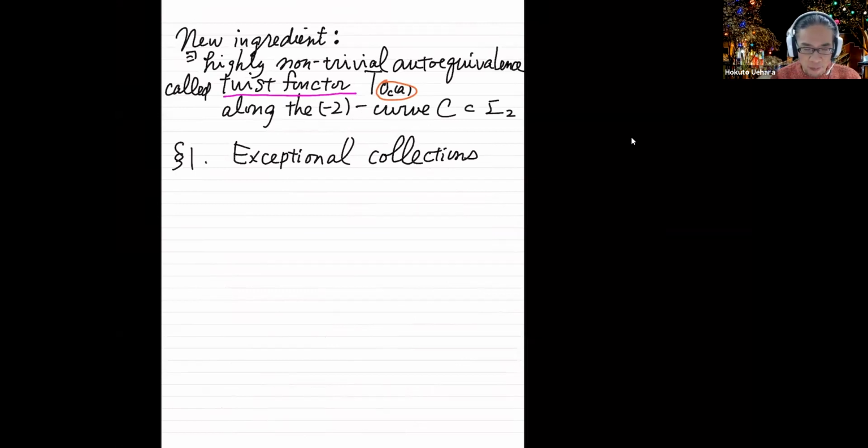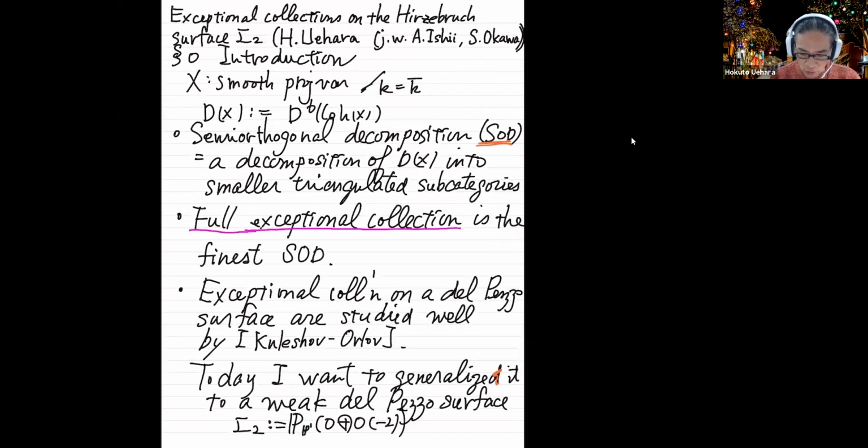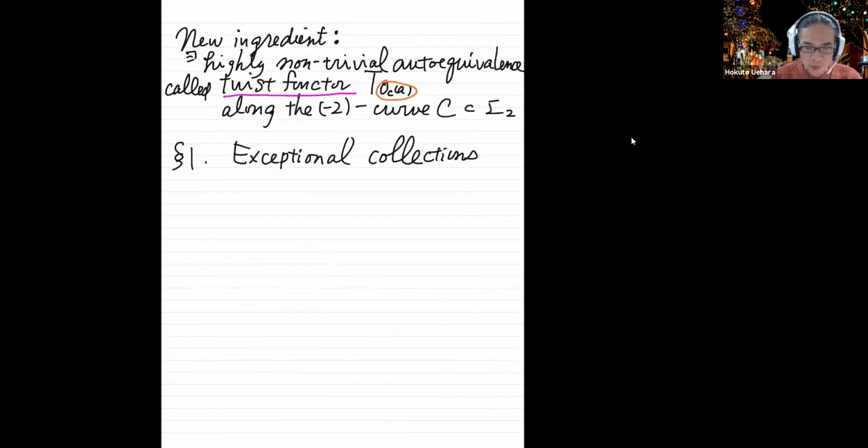So for example, Kuleshov and Orlov prove that every exceptional object is a shift of a vector bundle or a line bundle on a -1 curve. But on the other hand, on Sigma 2, there are highly non-trivial autoequivalences, twist functors.